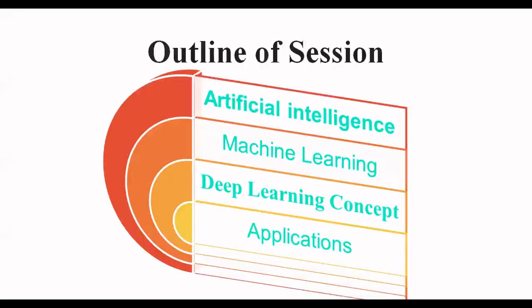And I will go a little bit deeper into machine learning, a subset of artificial intelligence, and we will discuss different machine learning algorithms, and then we will go deeper into the concepts of deep learning, that how we can replicate the functionality of a human brain, how scientists or engineers are replicating the functionality of a human brain.